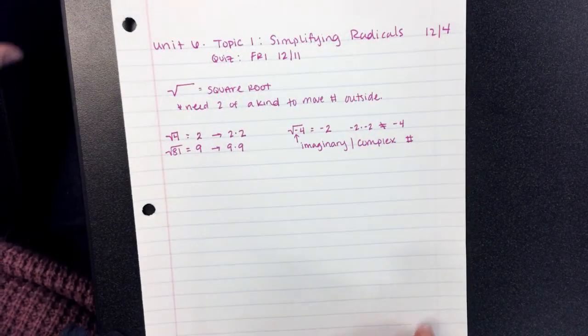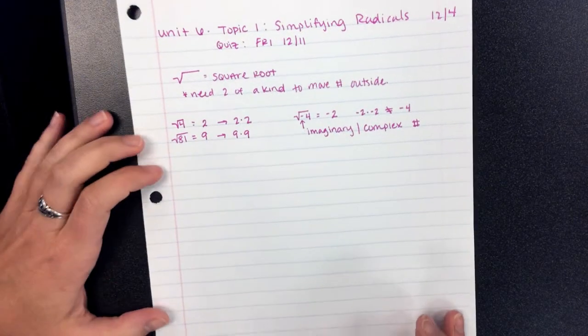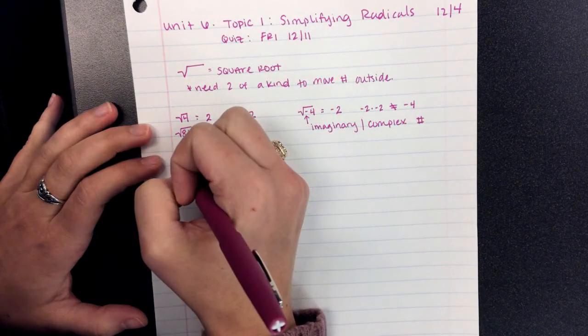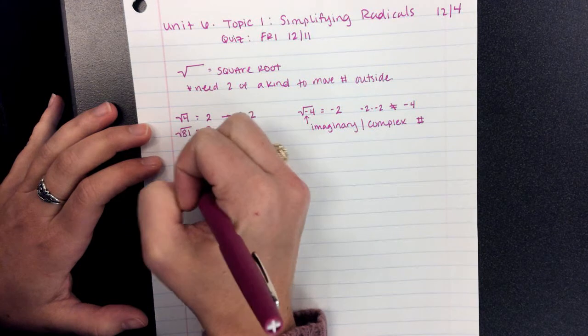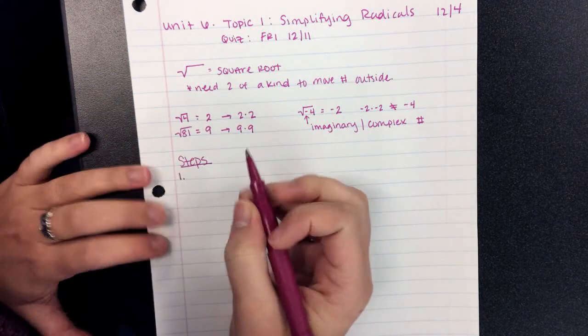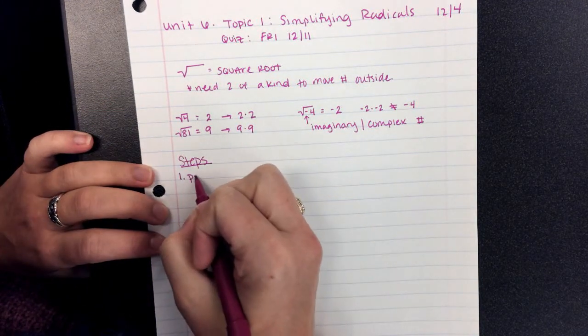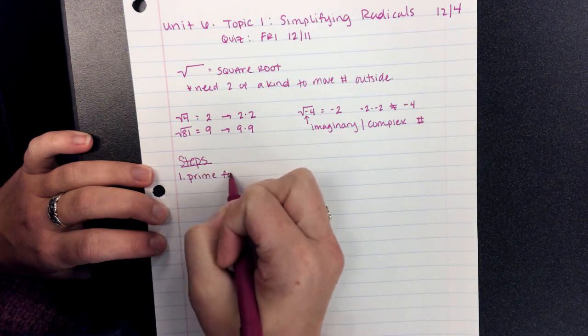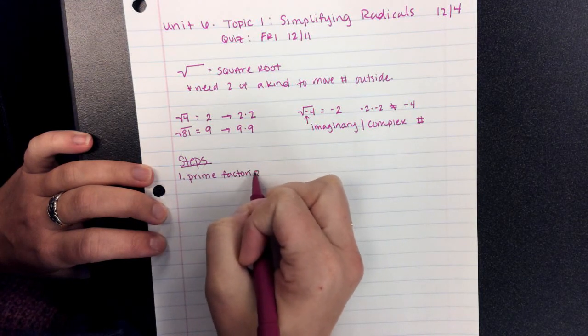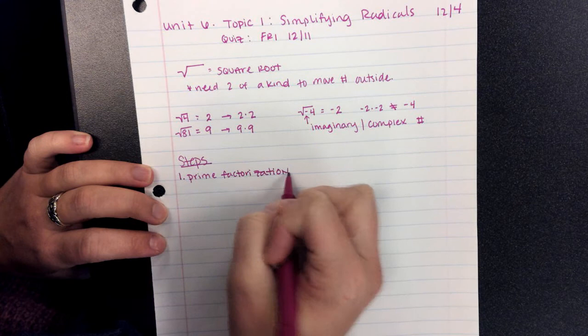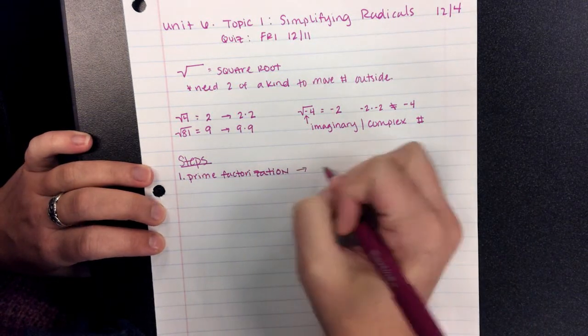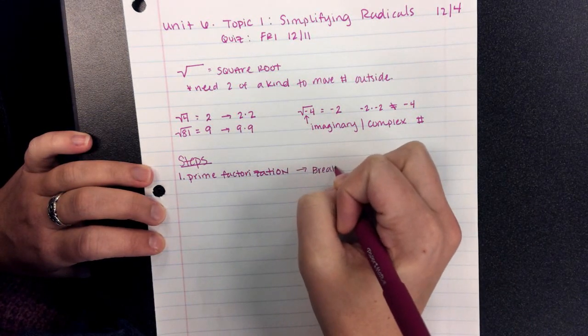There are 3 steps to simplifying a radical. If you want to write them down, here they are. Step number 1, use prime factorization, or a factor tree. All it means is to break down the numbers as small as they can go.